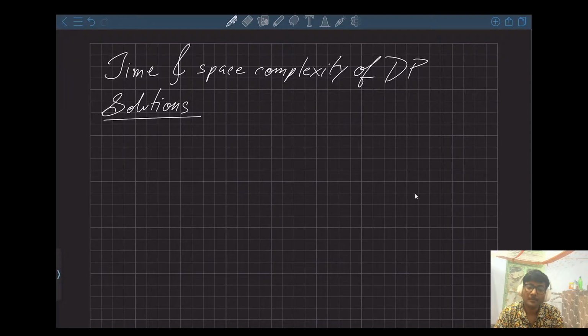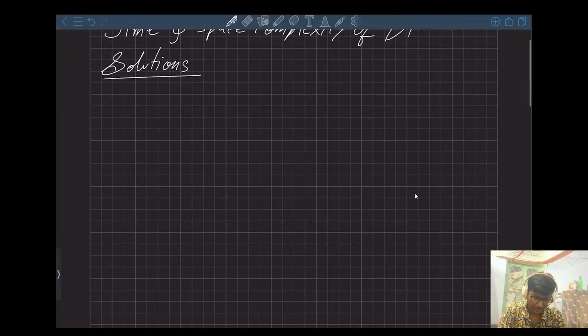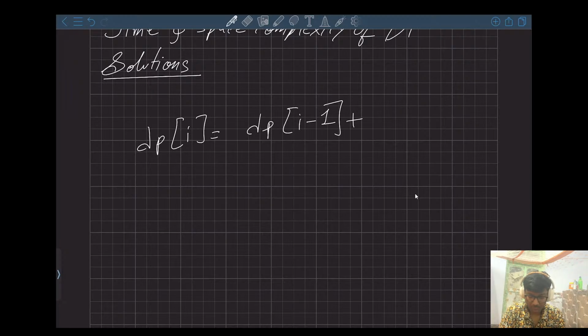For example, let's say you have defined some states, so maybe dp of i equals dp of i minus 1 plus dp of i minus 2.